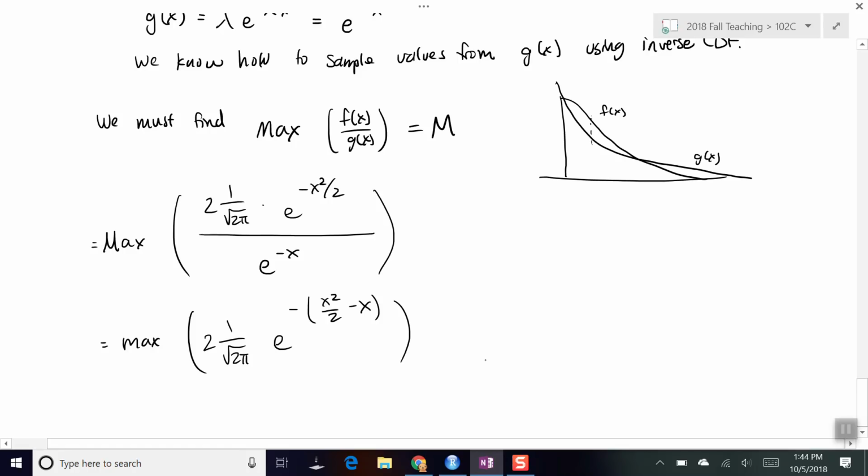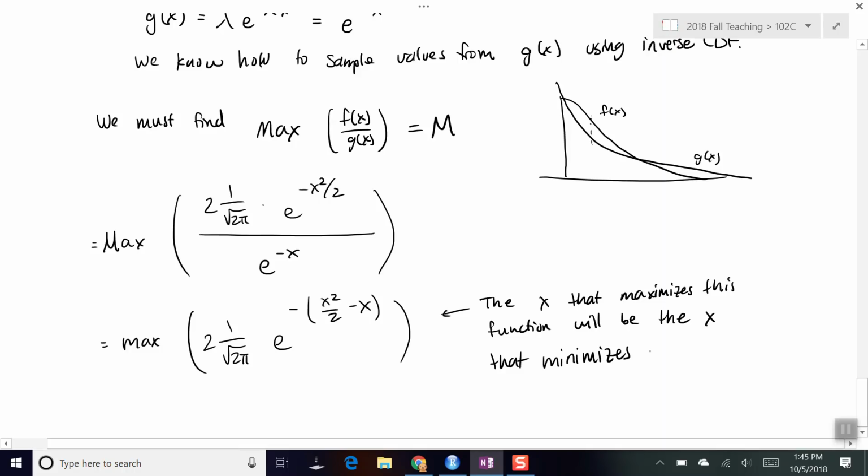And so the x that maximizes this function will be the x that minimizes the parabola x squared over 2 minus x, yeah?